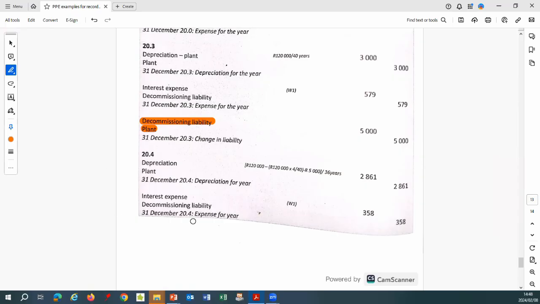And then the next year we can see our depreciation changes because our cost has been modified by the 5,000 over the remaining useful life of 36. So our depreciation has changed because our cost has gone down by that 5,000. And our interest expense is also significantly lower because we're working on a present value of 5 now, as opposed to a present value of 10 before.